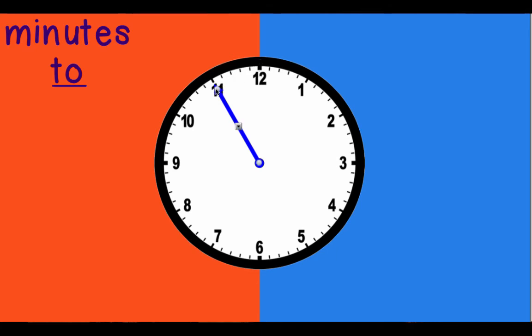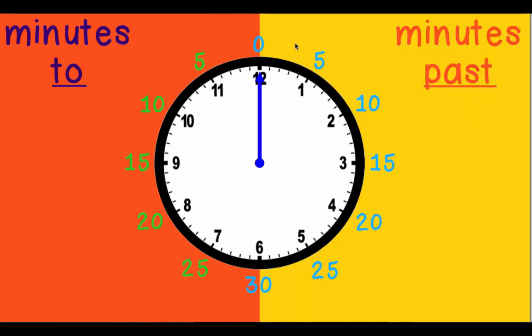Here we can count in lots of 5: 1, 2, 3, 4, 5 minutes to go until we get to the 12. So the 11 really represents 5 minutes to the next hour. And again, pointing to the large 10, we have 10 minutes to go. 15 minutes to go, 20 minutes, or 25.